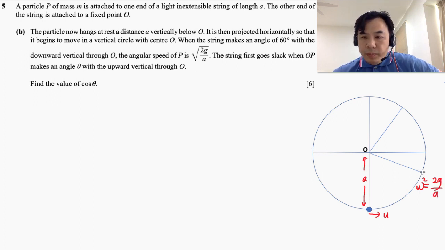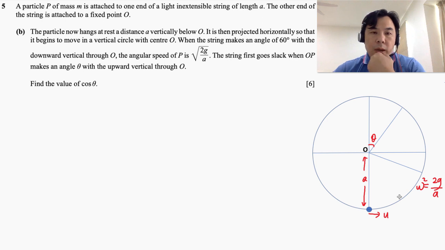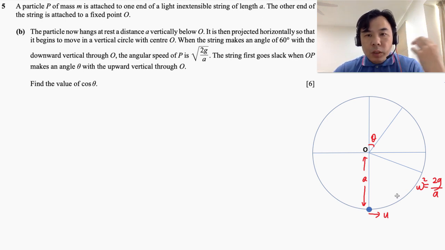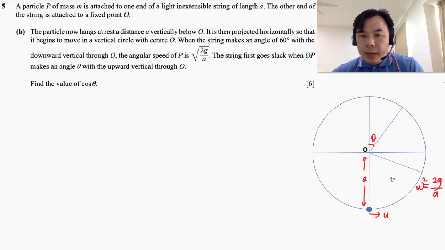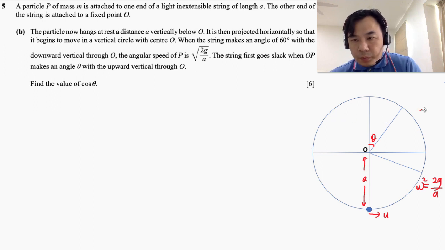We move up here, and when we move up to this position, where we make an angle theta to the upward vertical, the string starts to slack. So when they say the string starts to slack, basically it means the tension is equal to 0 Newton.